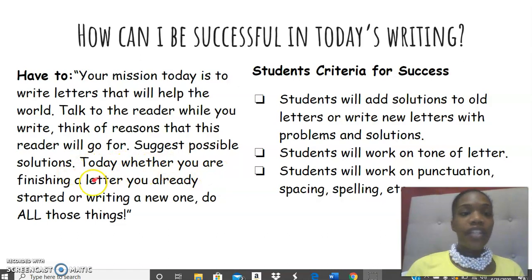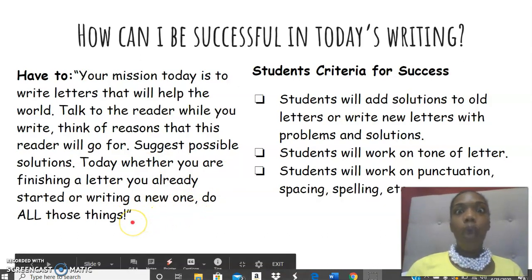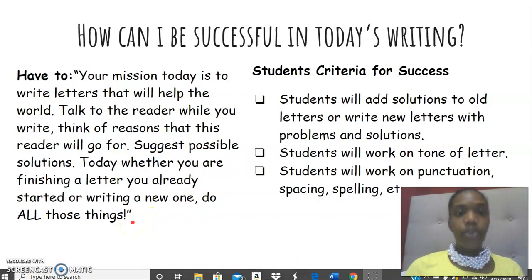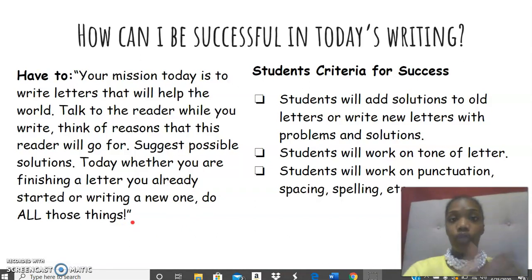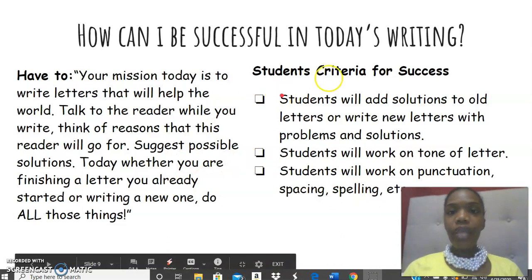Today, whether you are finishing a letter you already started or writing a new one, do all those things. So you're coming up with your solutions and you're writing your letter as if your reader is right next to you. You're talking to them, but you're just going to be talking to your paper through writing those problems and solutions down.